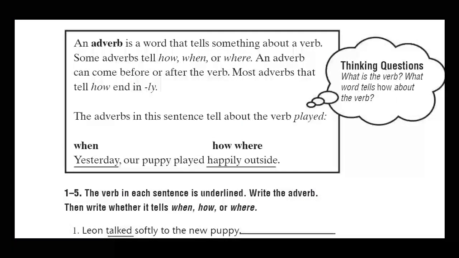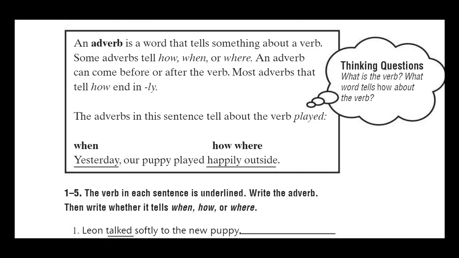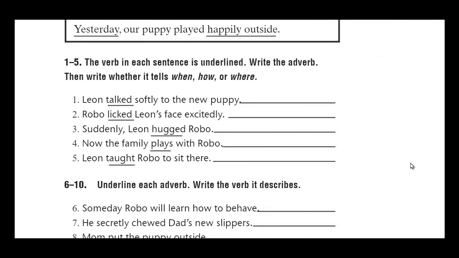You all know what the proverb says. It says, the more you practice, the more you gain. What I want from you in sentences from 1 to 5, the title of the question says the verb in each sentence is underlined. Write the adverb in the space, then write whether it tells when, how, or where.